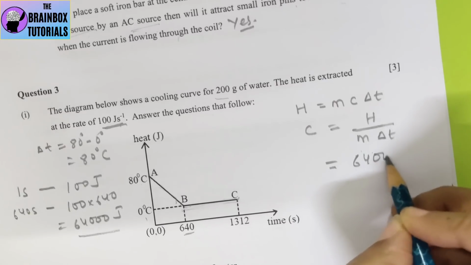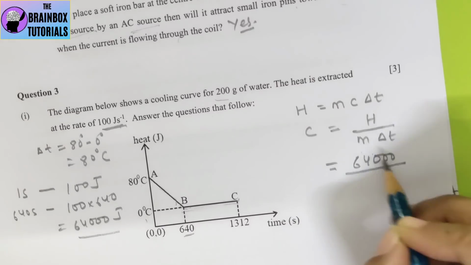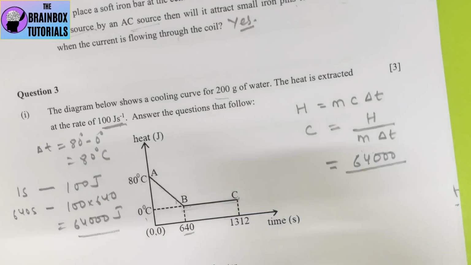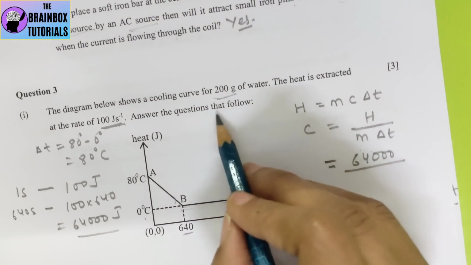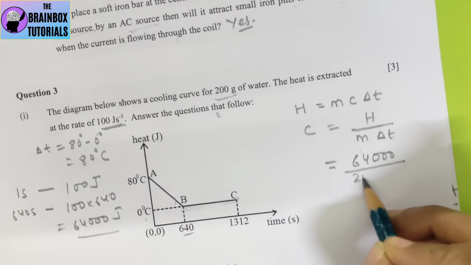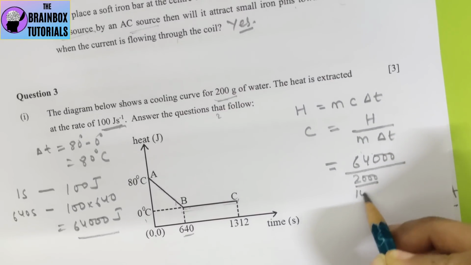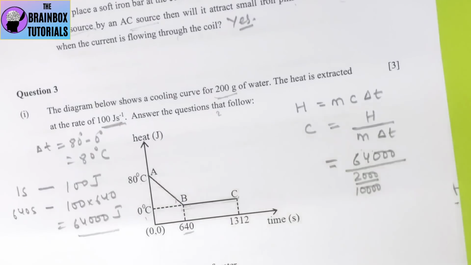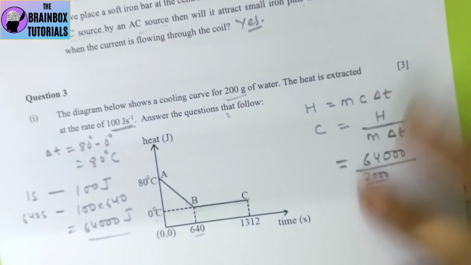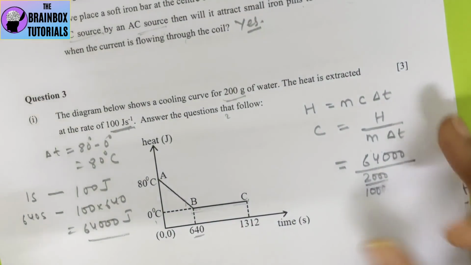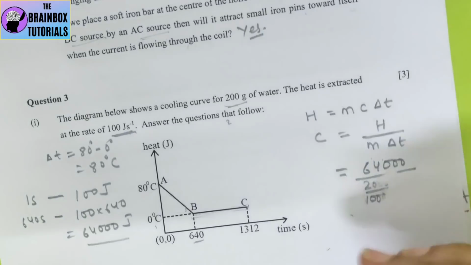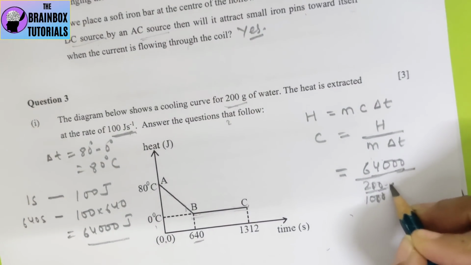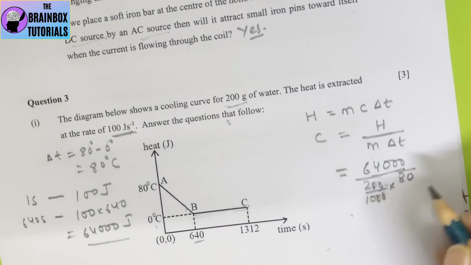Heat 64,000 joule, mass is 200 gram, so we will change it into kg. So 200 upon 1000 into change in temperature, this is 80.